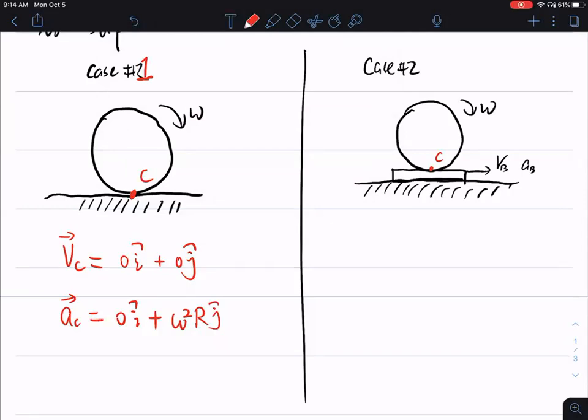Raise your hand if you think that's the instant center of that wheel for case number two. Raise your hand if you think that's not the instant center. Okay, what's the definition of instant center again? Zero velocity. Does this point have zero velocity?